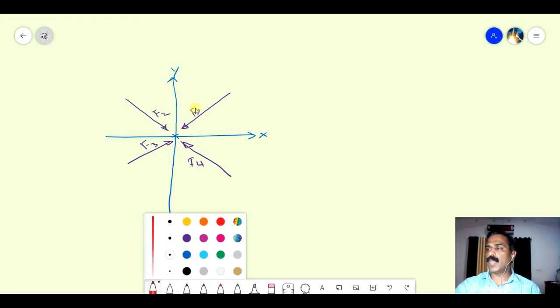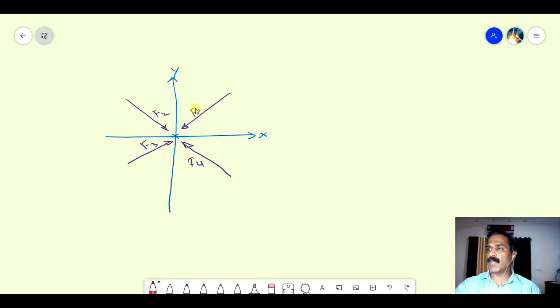So for F1, the horizontal component will be like this, and the vertical component will be like this. Here the angle, let it be theta 1, is the angle of this force with the horizontal. We can put the angle here also, no problem. So this is theta 1, this is also theta 1.